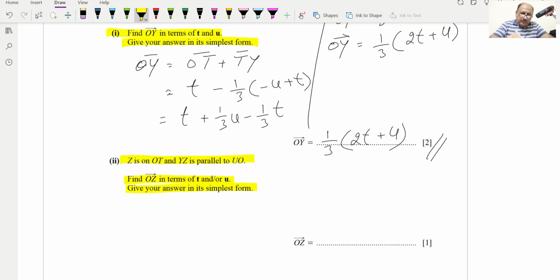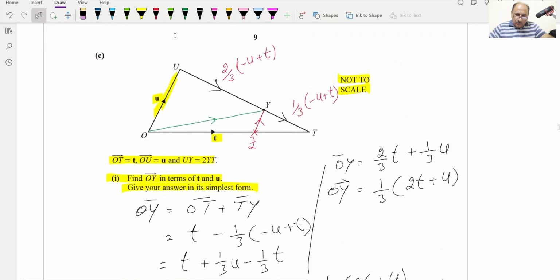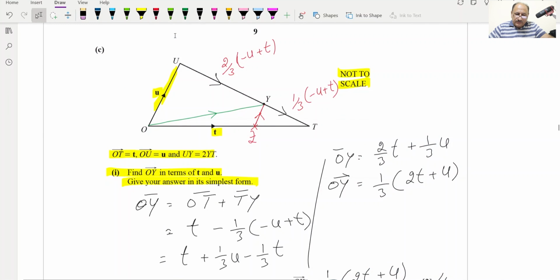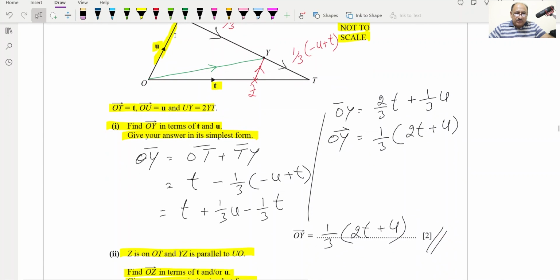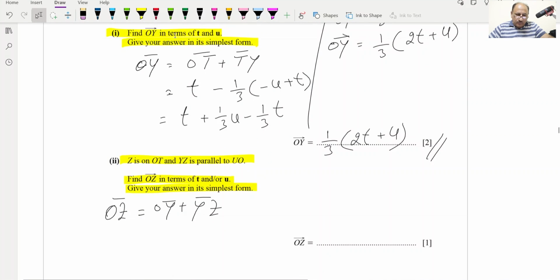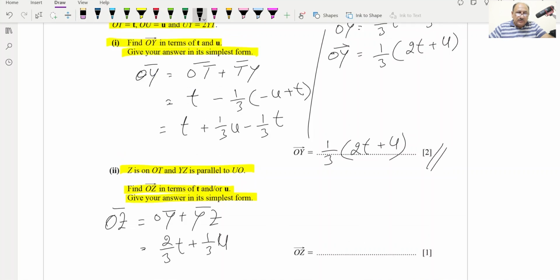So OZ we can write as OZ is equal to OY plus YZ. If we check the drawing, OY plus YZ, and we just found OY, which is this one. So we can write here 2 by 3 t plus 1 by 3 u.